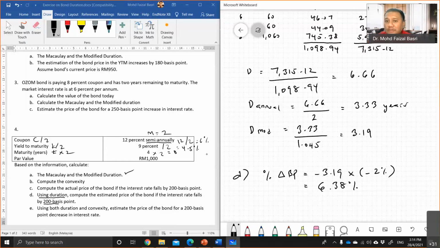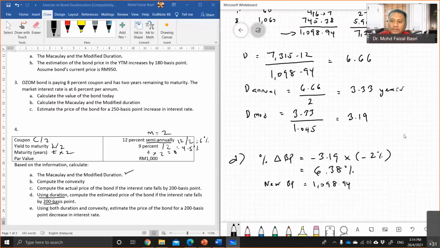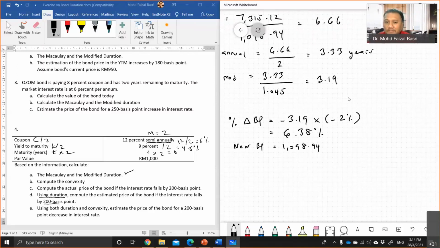Our original value is this much. Remember, this is our VB, the original VB based on original amounts. But now, since there's a change in the interest rates, by using the duration method we're going to forecast the new bond price. The original is 1098.94, and we're going to increase it because the sign is positive here.